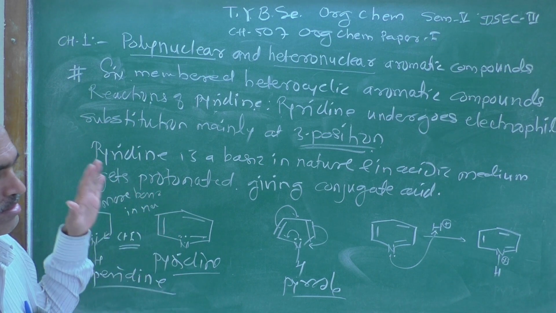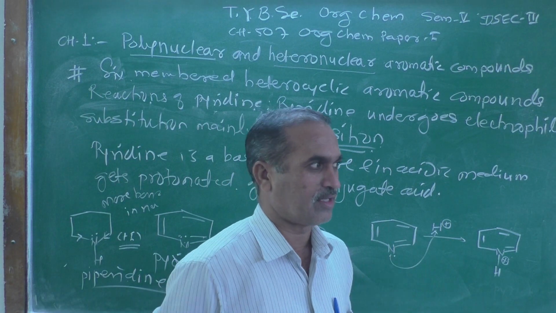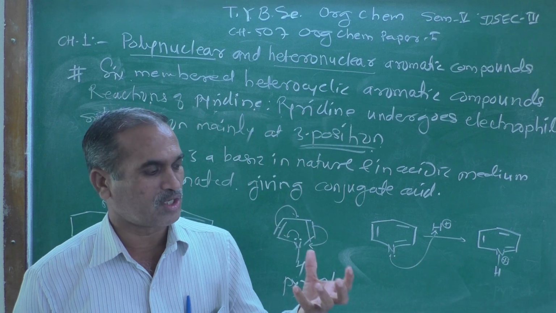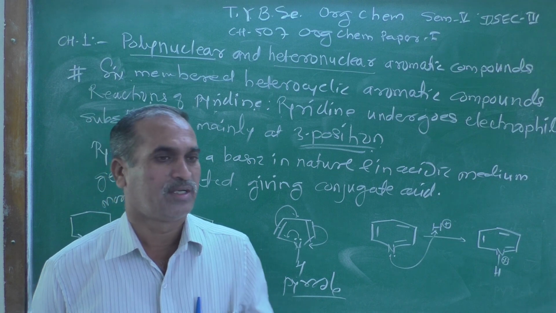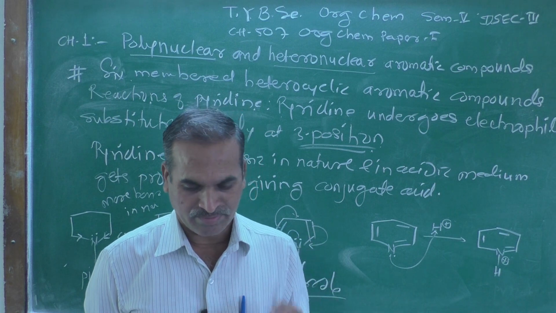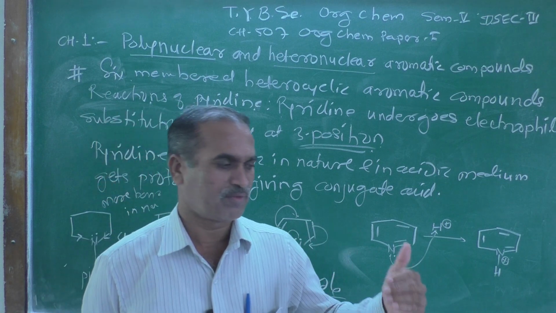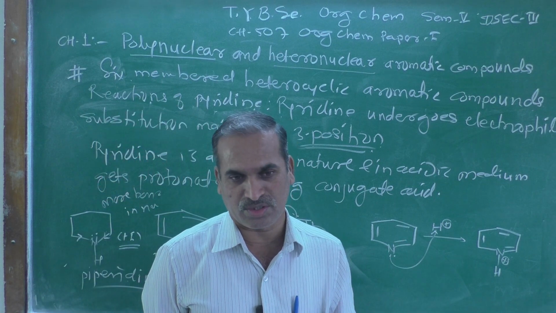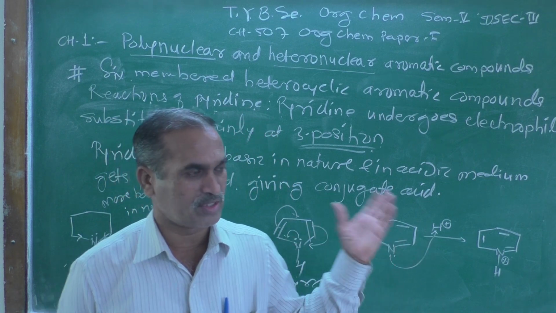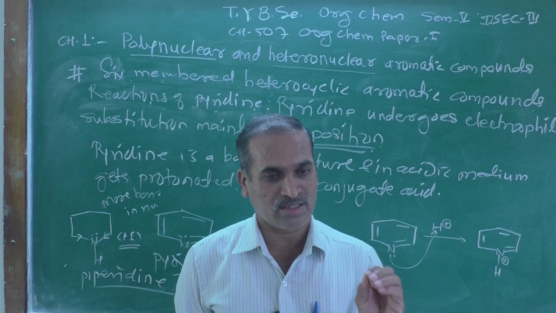The reason behind it, we have drawn different resonating structures, actually attacking the electrophile at different positions. We have seen what kind of possibilities or resonating structures are formed, and finally we found that when the electrophile attacks at 3 positions, the number of resonating structures found is 4, and that means the aromatization is back, which is a stable one.